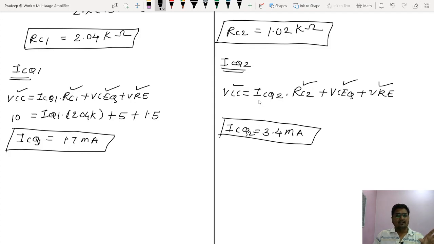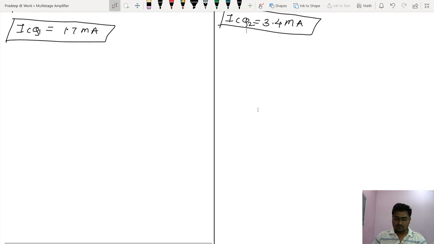So this is what I just wanted to highlight in this design: whatever values you calculate, you need to compare with the other stage. After that, if I want to calculate the emitter resistors, RE1, and here I will calculate RE2 in the second column. How do I calculate RE1?